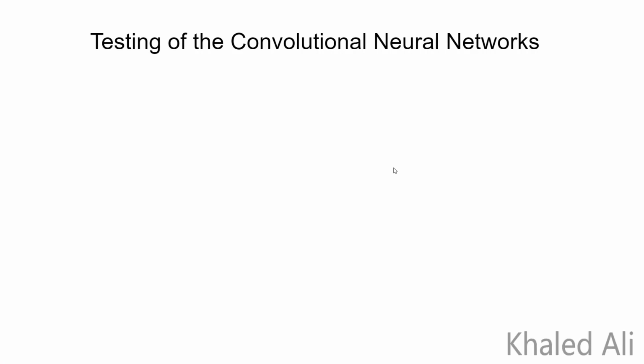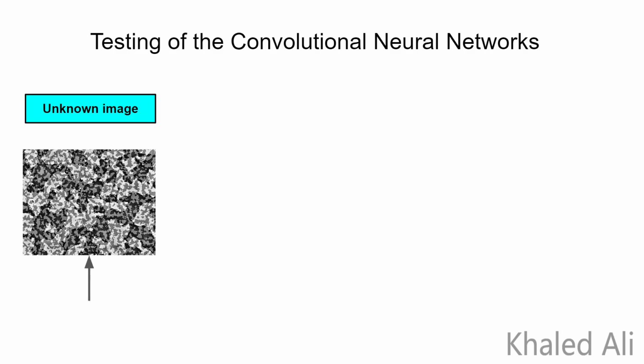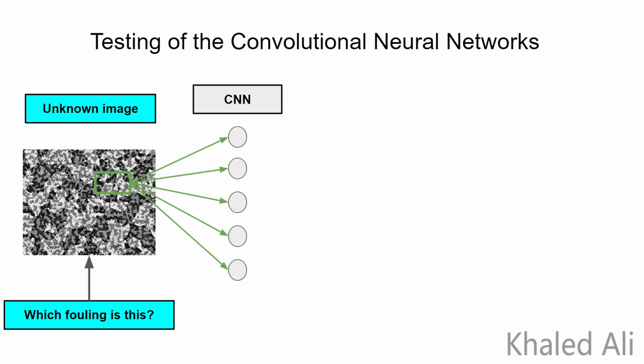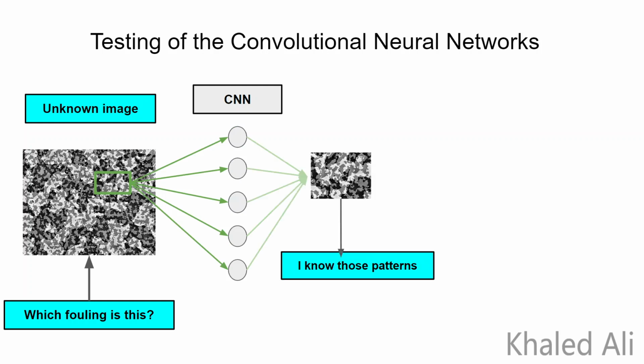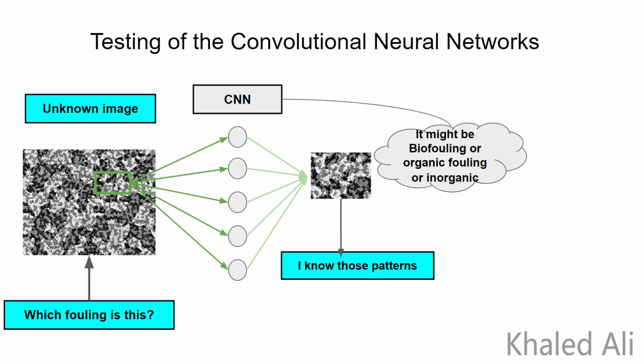And now we are going to test our model with an unknown image. Suppose we have an SEM image and we don't know which fouling it is. We will give it to the CNN model, and the CNN model will extract patterns and recognize those patterns. Based on the training sets and the data that we already gave to the CNN to be trained, it will give a probability distribution, or probabilistic numbers, for each fouling.